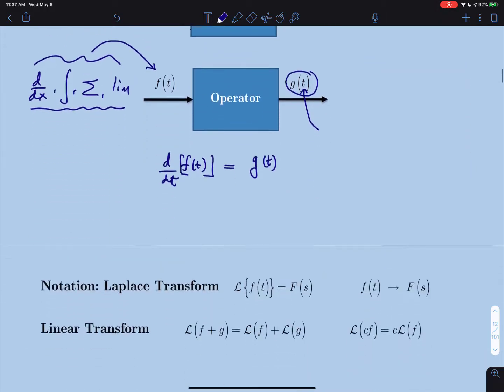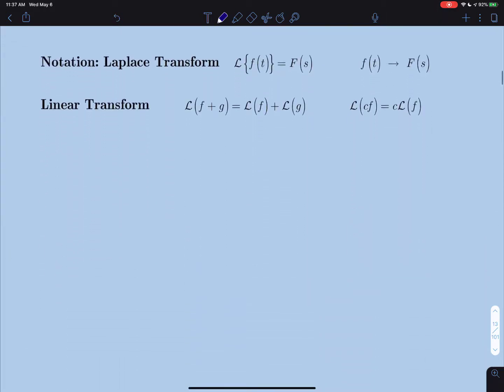Now, talking about the linearity of Laplace transform, I'll do this very quickly. Laplace transform is a linear operator, which means it's closed under addition and scalar multiplication. Because a lot of people say, what do you mean by closed under addition? That doesn't mean when addition goes in, it closes the door and locks it. Nothing like that, just a language.